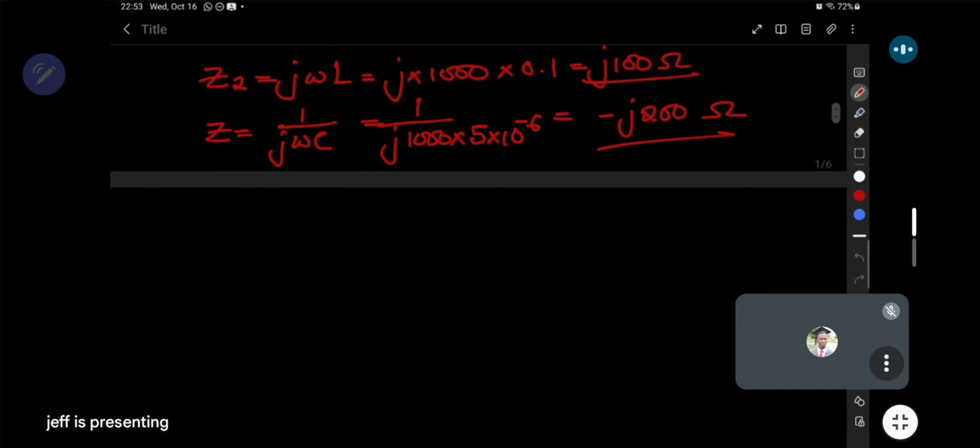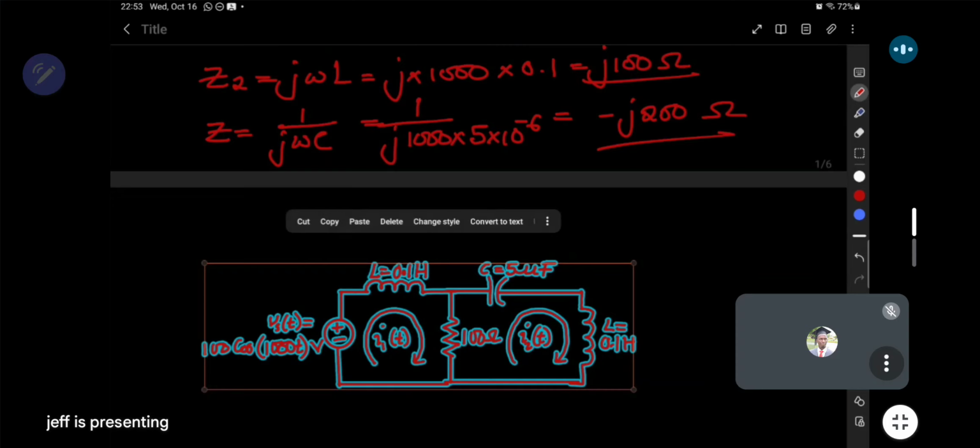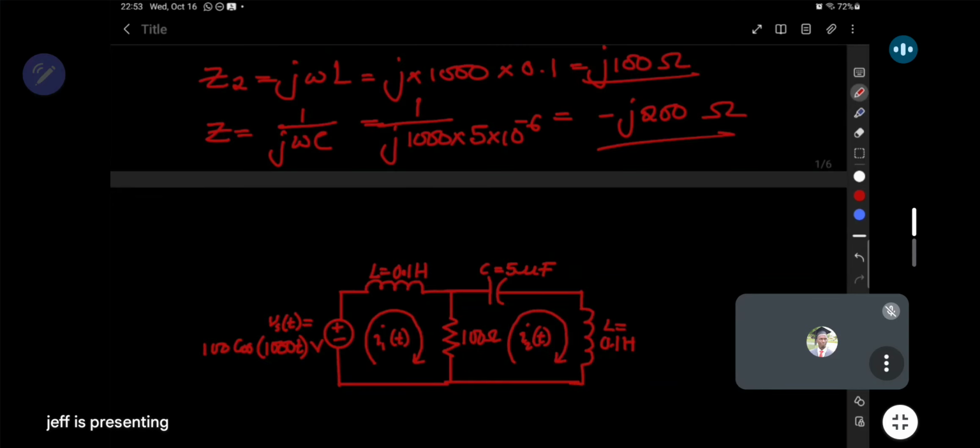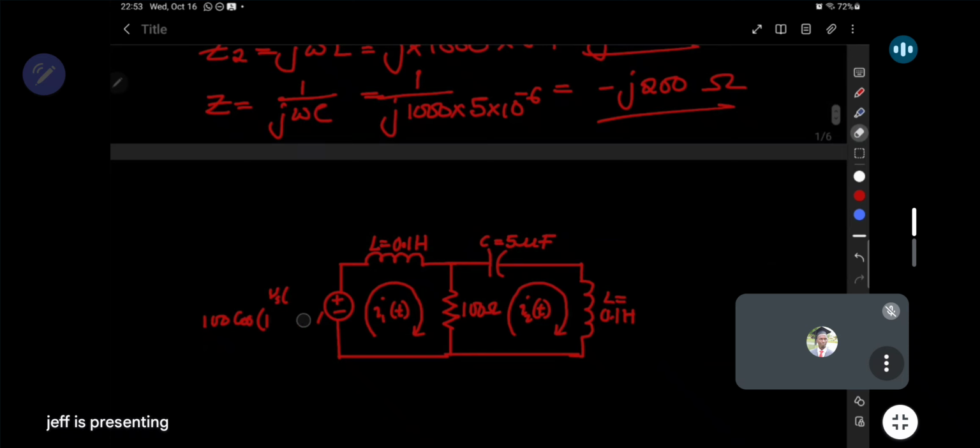So meaning we can now redraw our circuit by only presenting the impedances and the phasor voltage here. Okay, so that is out. Let's include them now. So the phasor voltage, we saw that was 100. The phase angle was 0 degrees.